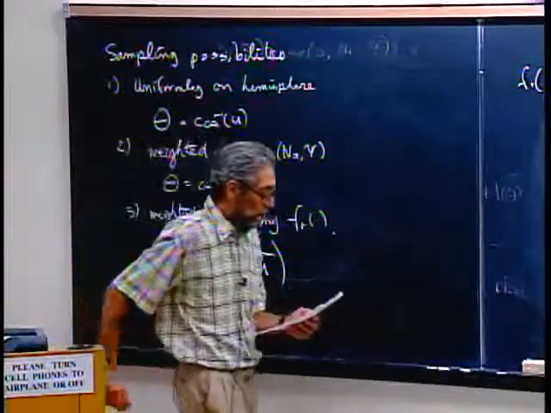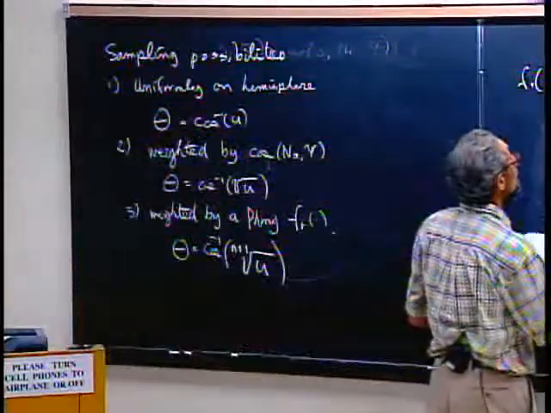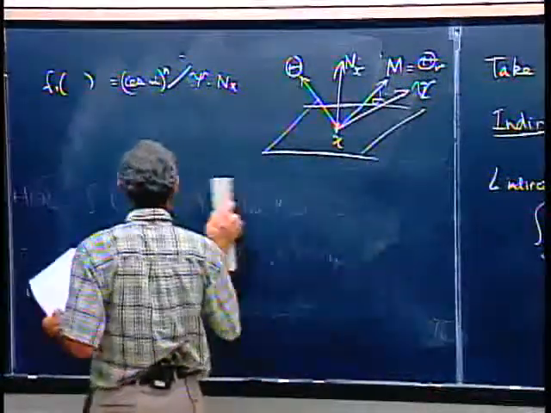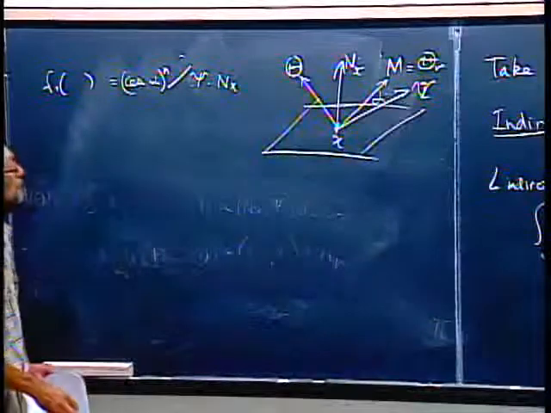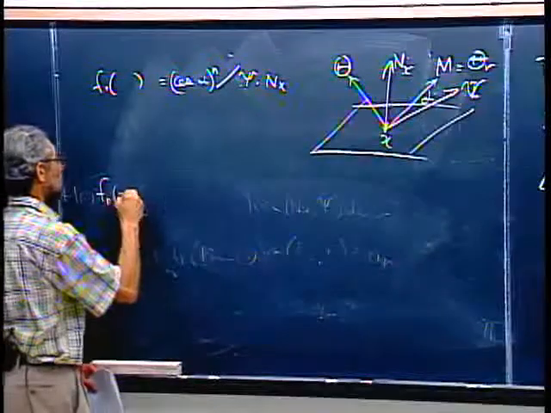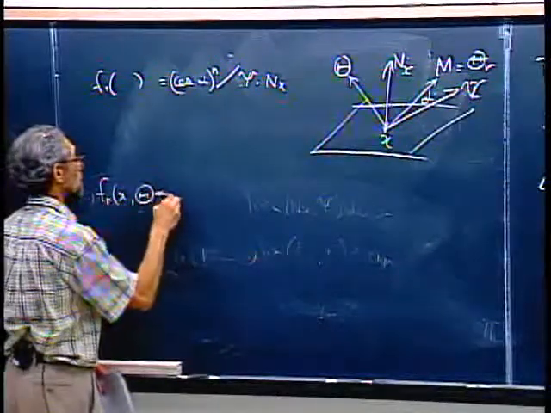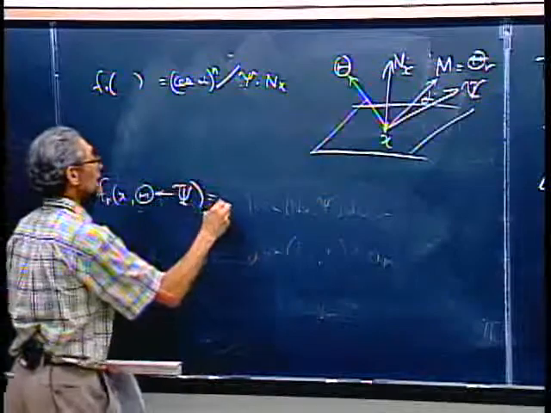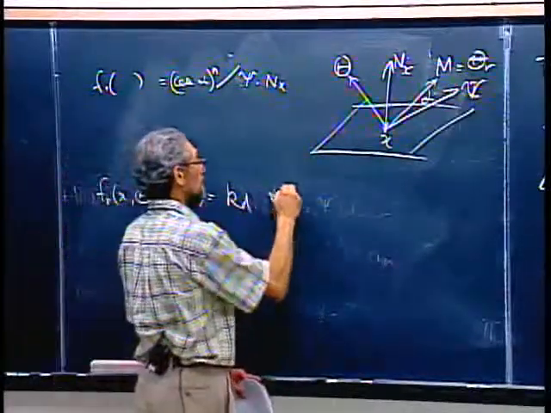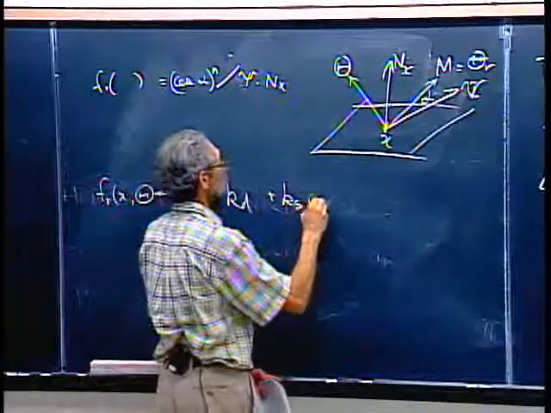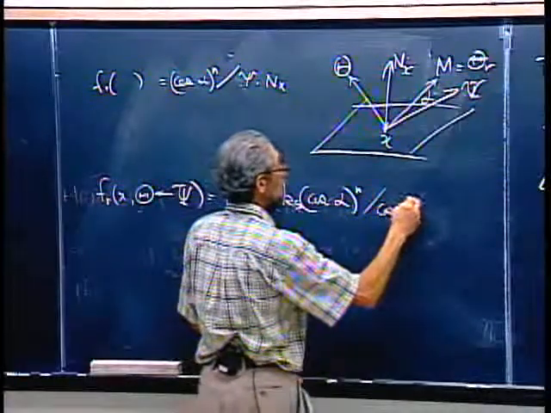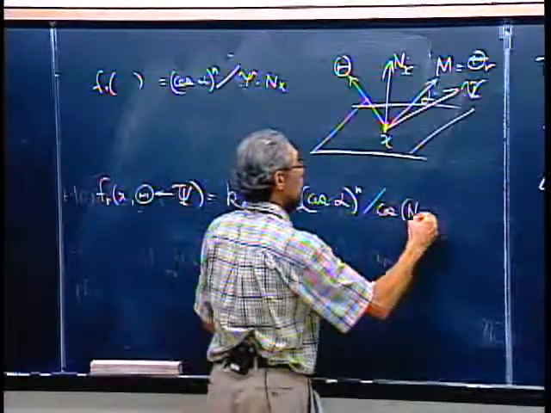Okay, so now suppose we actually have a bidirectional reflection function, which is a combination of diffuse and Phong specular. So FR at x, theta, psi, is KD, a constant diffuse reflectivity, plus KS times this cosine alpha to the n divided by cosine nx psi.